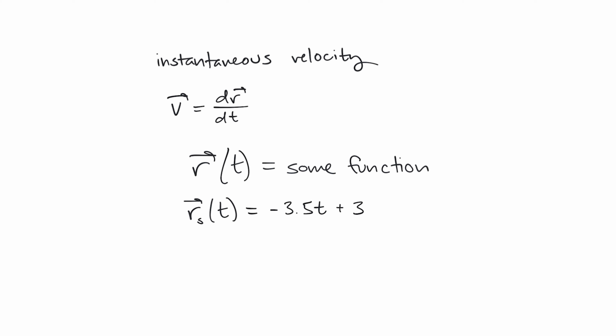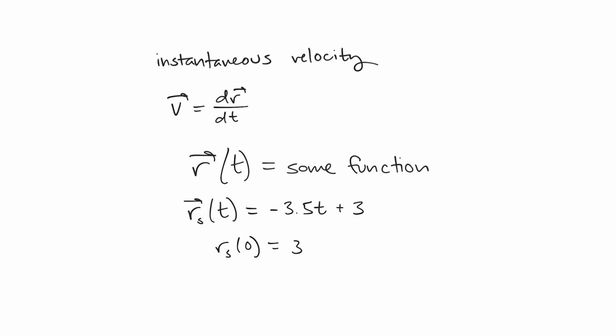For example, I've written a function here, r sub s, which is the position of the sloth as a function of time. Now, if the sloth moved linearly, the equation for that motion is negative 3.5t plus 3. And you can see that this works because if we take that function at 0, its position is 3.